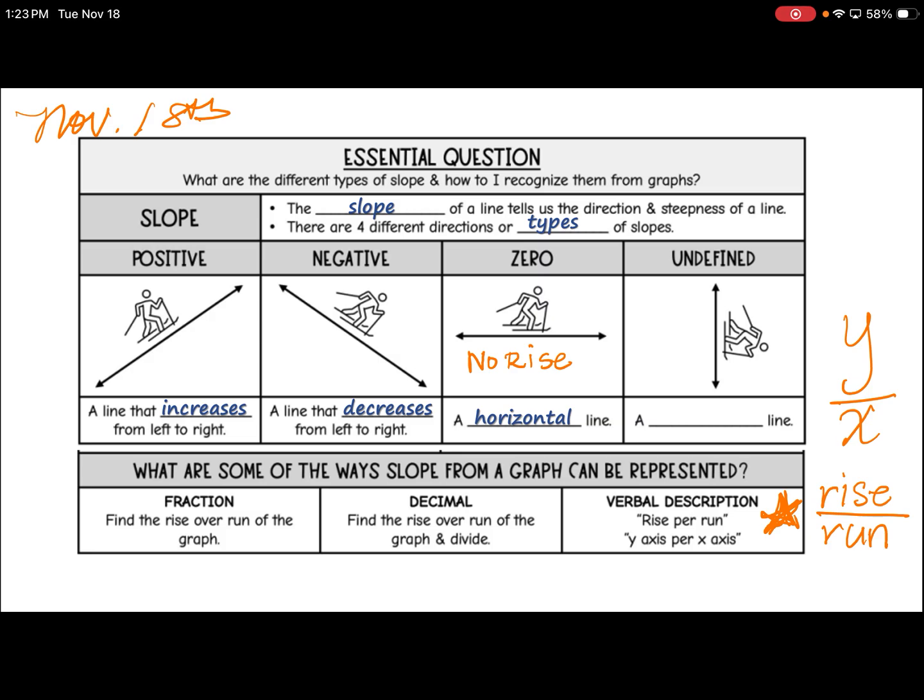Okay? A vertical line then is called undefined, and it is undefined because there is no run. So if we're talking rise over run, 0 slopes don't rise at all, they go running, but undefined slopes don't run at all, which puts a 0 on the bottom, and a 0 on the bottom of a ratio or a fraction is undefined.